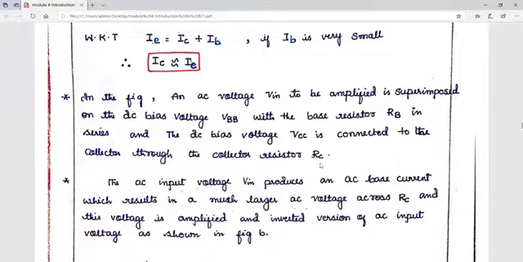resistance RC. So you can see the particular point they're saying is that the AC input Vin to be amplified, which is the input voltage to be amplified, will be superimposed with the DC bias voltage, that is VBB, which is connected to RB, and the DC bias voltage VCC is connected to the RC resistance.